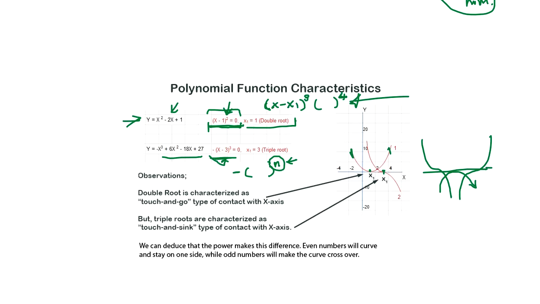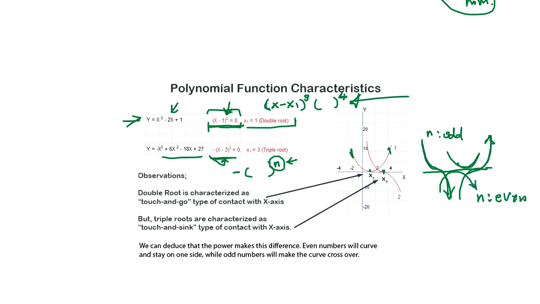So it's going to be touch and rise, or touch and sink. Okay, so this is odd, and a root like this, touch and go, is when n is even.